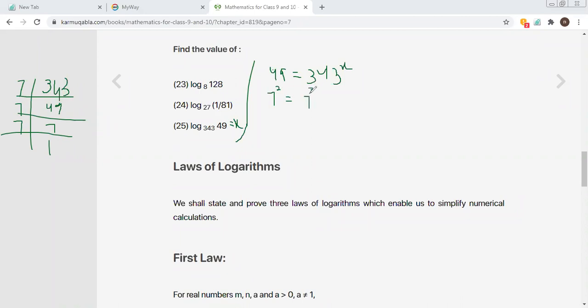Students, are you getting my point? Bases are same. Compare the powers: 2 is equal to 3x. Then our final answer will be x is equal to 2/3. Is there any confusion, class? No. Done?